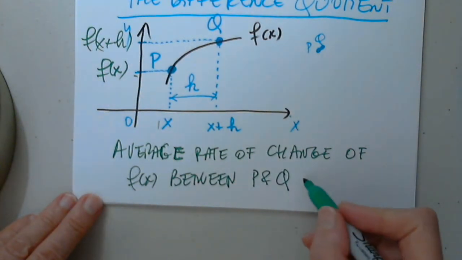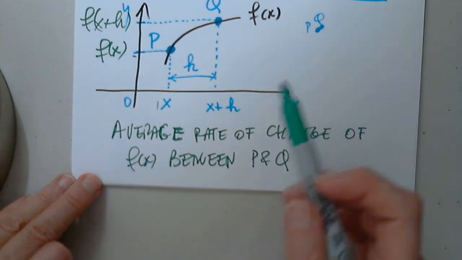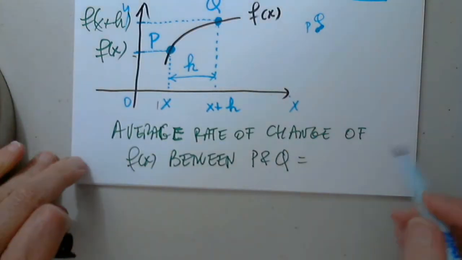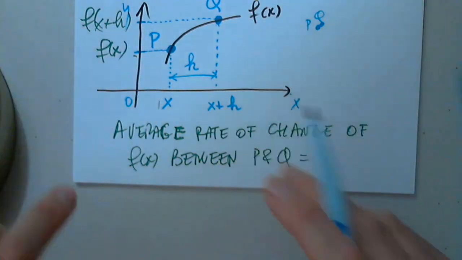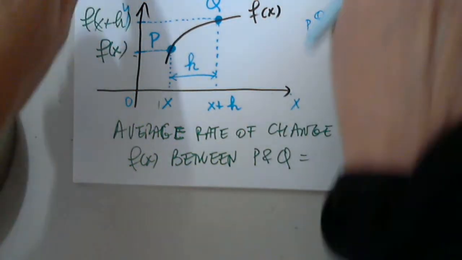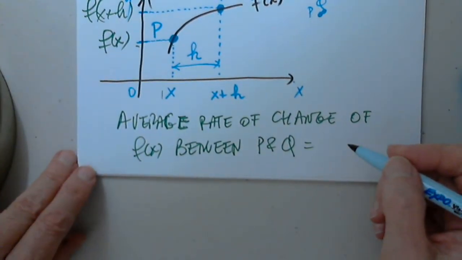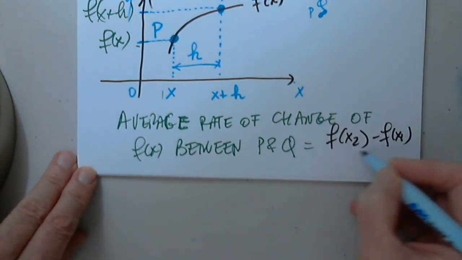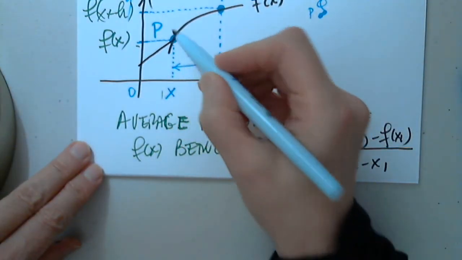Well, anyone remembers the formula for the average rate of change for a function between 2 points? It's okay if you say no, and I'll put it in. So the formula is f of x2 minus f of x1 divided by x2 minus x1, which is nothing else but the slope of this line.